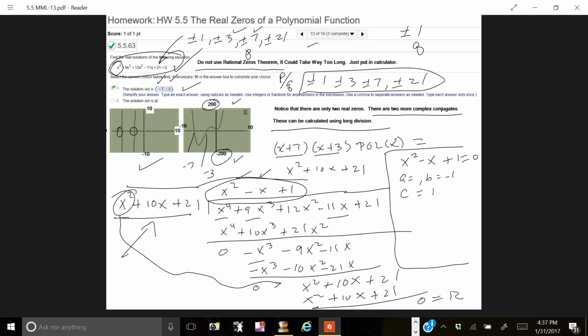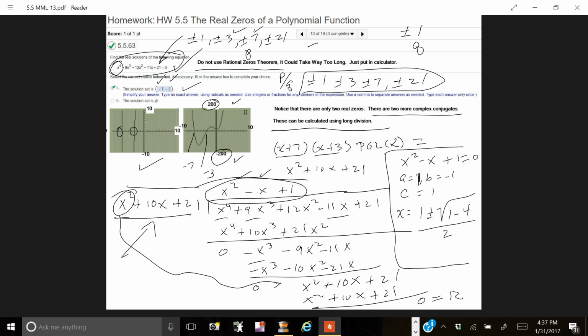So the solution is x is equal to minus b, which is 1, plus or minus the square root of b squared, which is 1, minus 4 times a times c, which is minus 4, divided by 2a. A is 1. So 2a is 2.